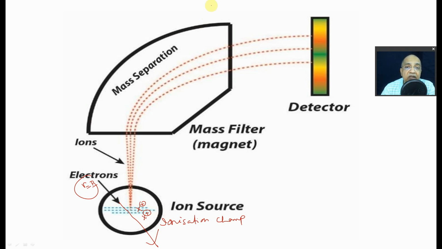Then it turns, it takes curvature, because a moving charge is like a current. So just a current carrying conductor or a moving charge passing through a magnetic field will experience a mechanical force which is at right angles to the direction of the motion and the direction of the magnetic field.